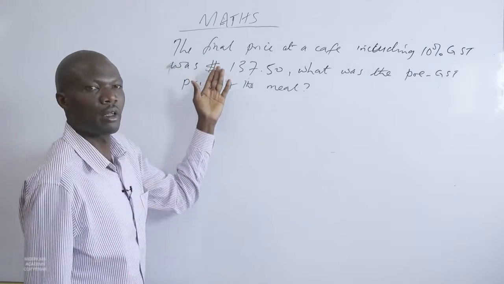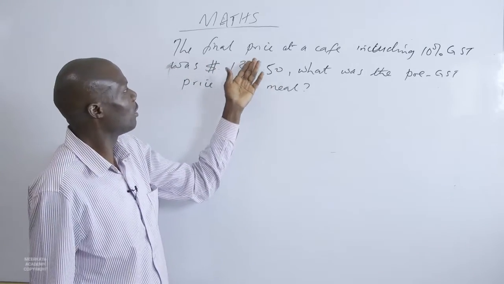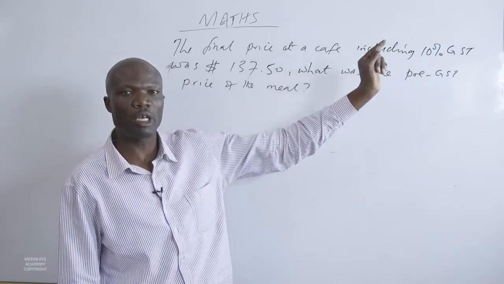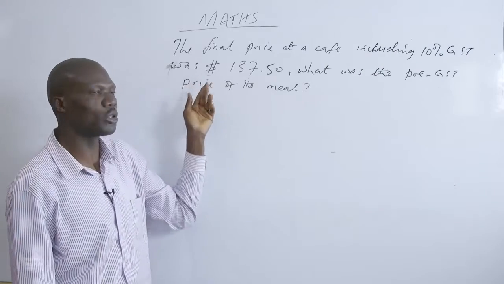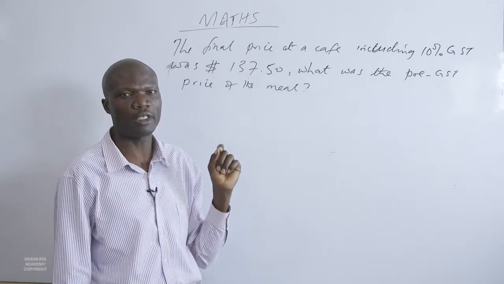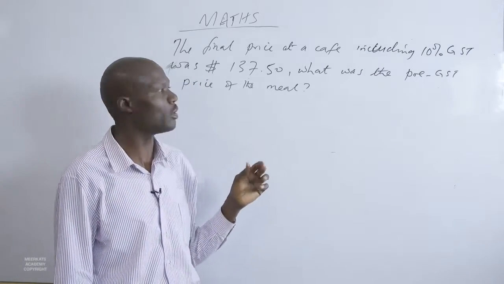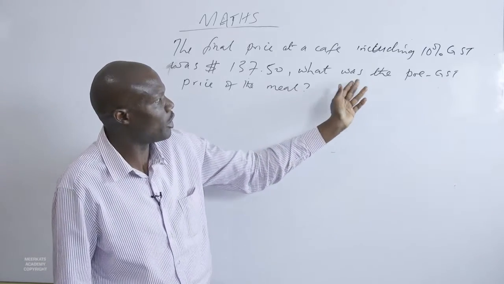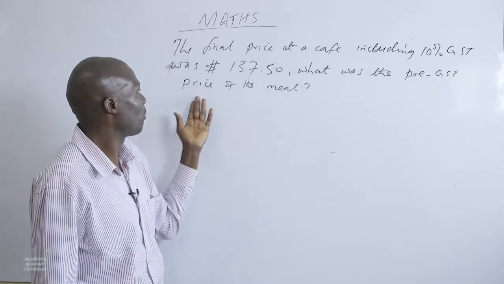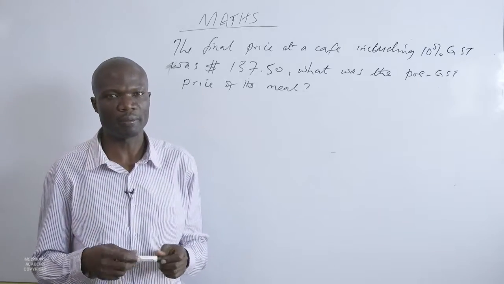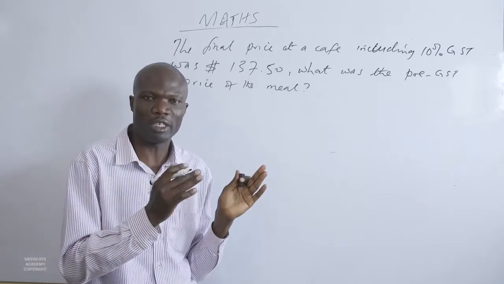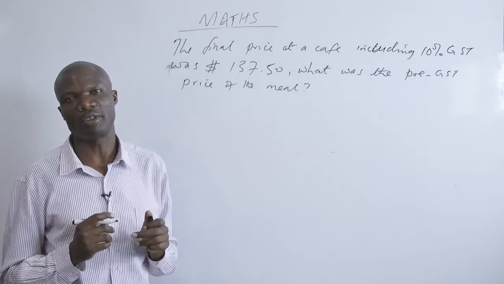Now, the final price at a cafe, including the 10% GST, was $137.50. What was the pre-GST price of the meal? So when we look at 137.50, what percentage is it equivalent to?